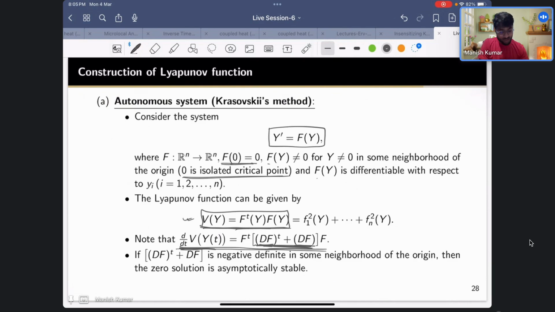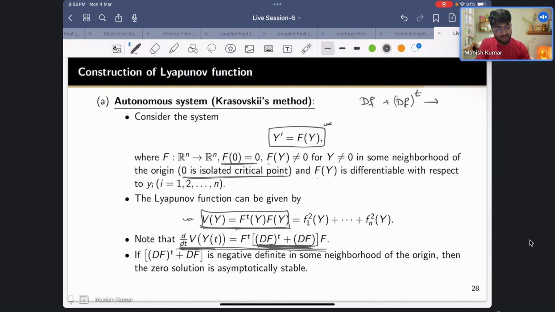Okay, so if this matrix, the transpose of the Jacobian plus the Jacobian, is negative definite in some epsilon neighborhood of the origin, then you can say that the solution is asymptotically stable. So if you have this kind of system, you can just look at df plus df transpose.